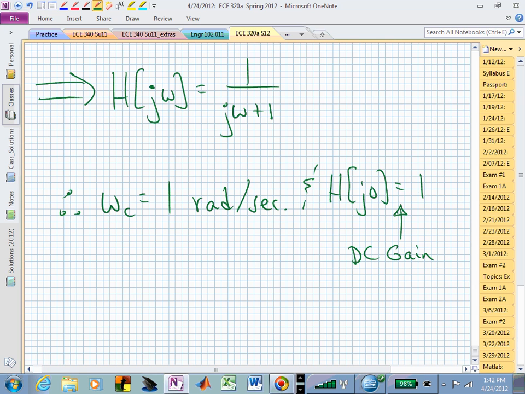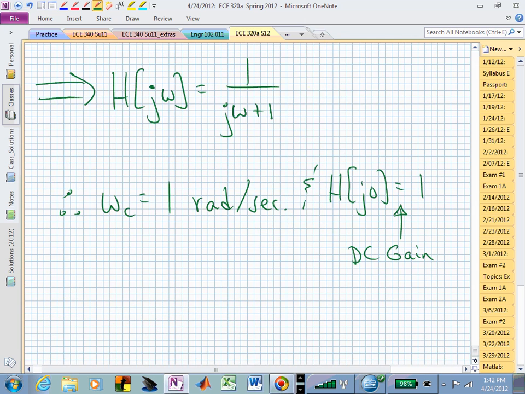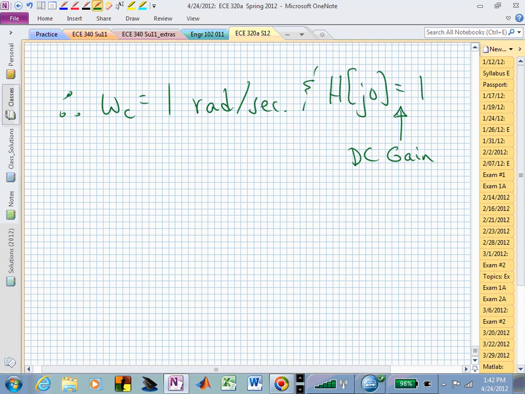And our capacitor needs to be something that I didn't assume here. I assumed it was 1 farad here. I need to somehow change that to be 1 microfarad. So I need to do a couple of things. First, I need to scale that frequency.